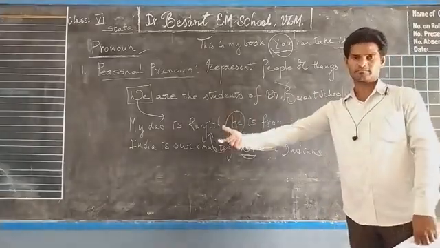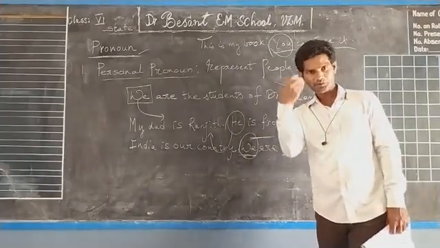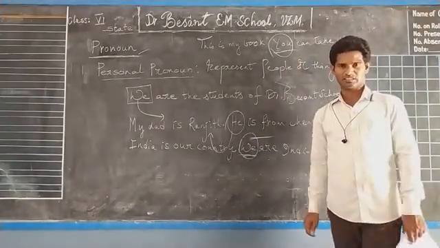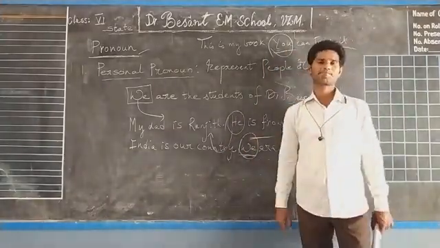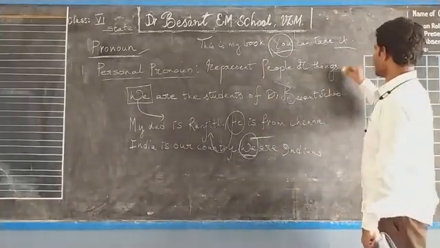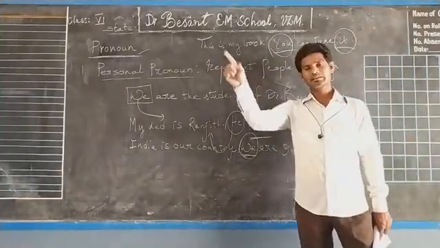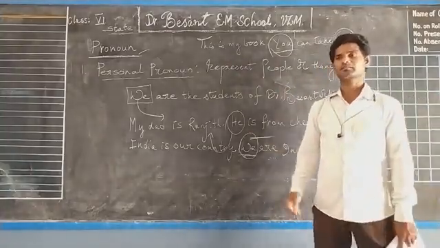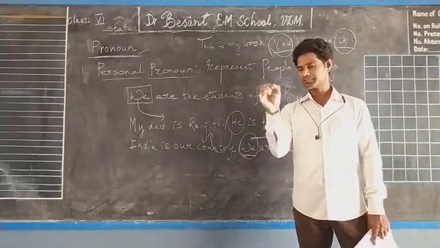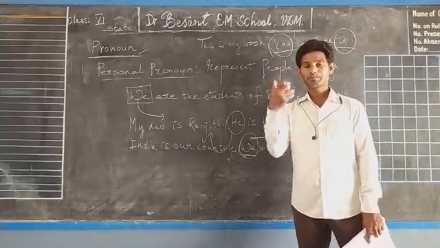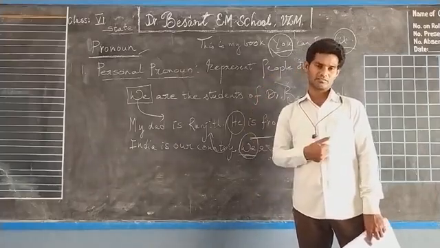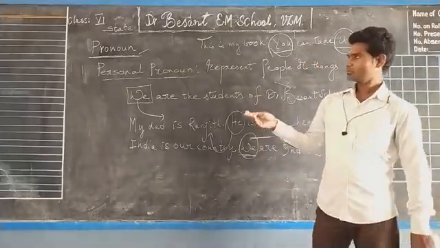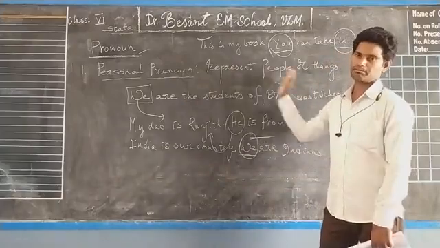I am talking to my listener. For example, I am talking to you. So the word you refers to the person who is listening. And the word it also refers to some object. Personal pronouns are nothing but words that represent people, things, animals. Okay, this is about the personal pronoun.